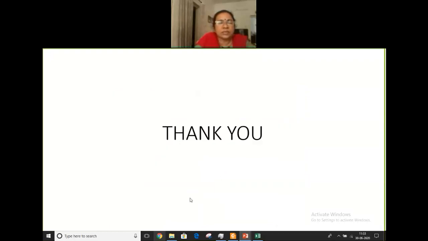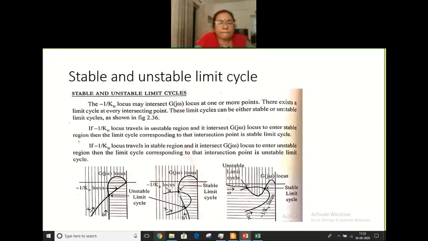Then you can say this one is a stable limit cycle, and this one is from stable to unstable. Then you can say it is an unstable limit cycle. Here you can see both stable and unstable limit cycles. That is, if the minus 1 by kn locus travels in the unstable region and it intersects the g omega locus to enter the stable region, then the limit cycle corresponding to that intersection point is a stable limit cycle.